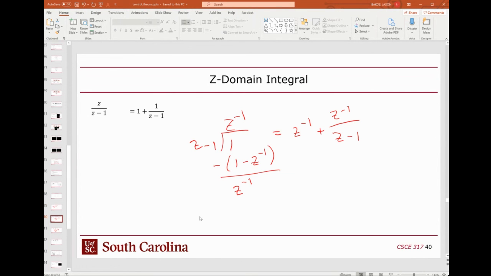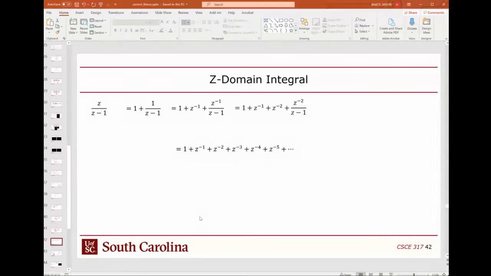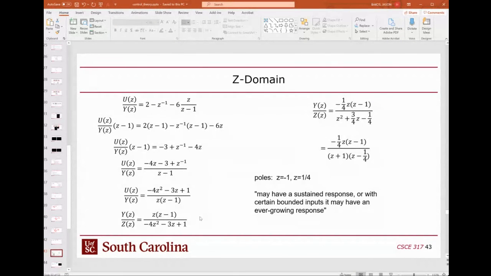And then if you want to go from the Z domain back to the time domain, one way to do that, we could do that for the transfer functions, is by expanding them out to where you have your signals multiplied by powers of Z. As long as the powers of Z are 0 and less than 0, then you can directly translate that into samples of the corresponding signal.